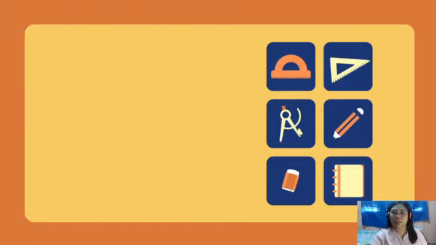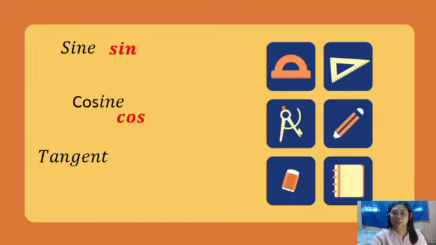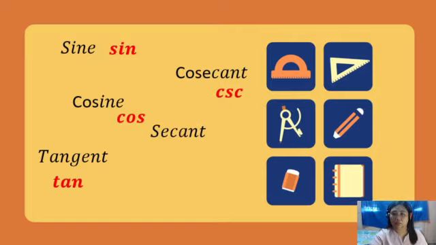Let's now start discussing the 6 trigonometric ratios. We have the sine, abbreviated SIN, cosine, COS, tangent, TAN, cosecant, CSC, secant, SEC, and cotangent, abbreviated COT. The sine, cosine, and tangent can be found on our scientific calculators.